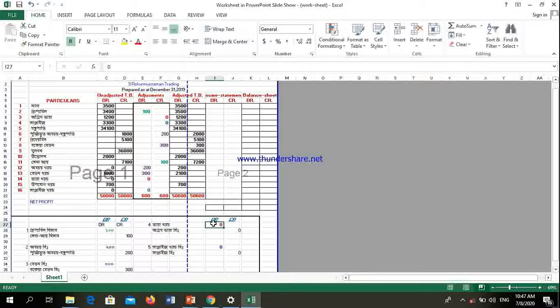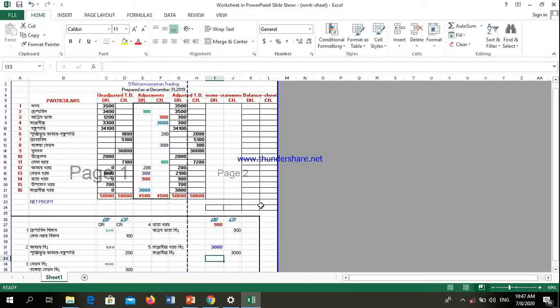In number 4 there was 900, and in case of number 5 there was 3,000. Okay, so these are the adjustments and adjusted trial balance. Look, we have the adjusted trial balance and the figure of debit, the figure of credit. Each debit amount will be equal to its credit amount.